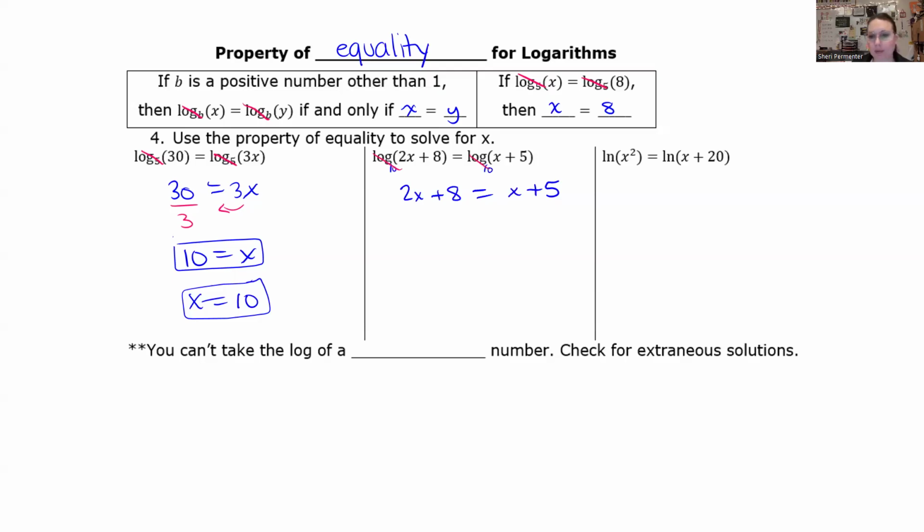I'm going to bring this x over and say minus 1x, and in the same step, bring over the 8 and subtract 8. 2 minus 1 is just x. 5 minus 8 is negative 3. Did y'all get the same thing? Yeah. Awesome.